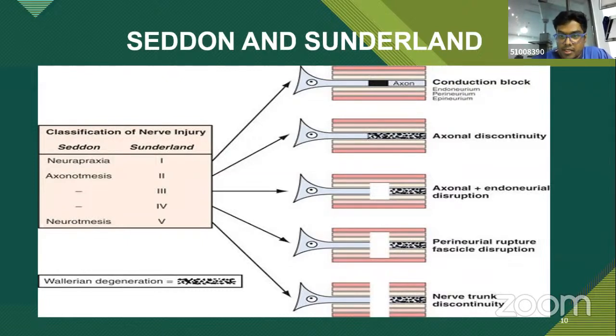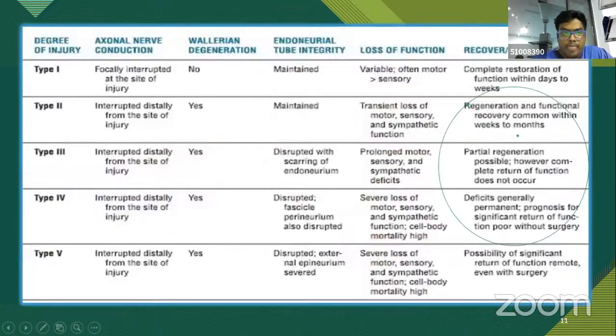Neurotmesis is the complete transection of the nerve. In type 1 injury there is complete reversal of function within days to weeks. Among the axonotmesis grades the recovery is variable, and in type 4 the prognosis is poor, and you will not have the function back in neurotmesis.